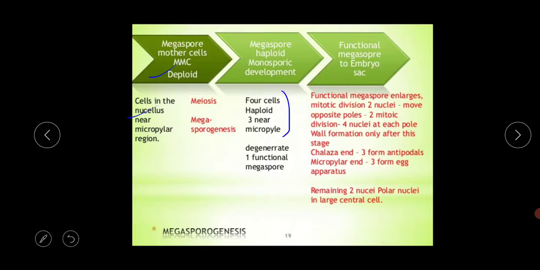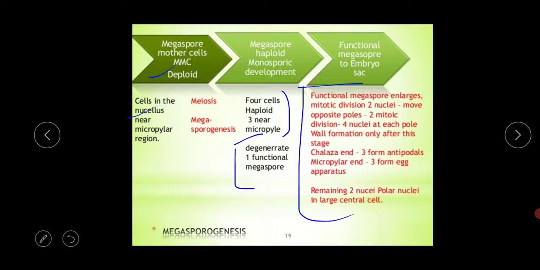This is the 4 haploid cells, and 1 functional megaspore with the others degenerating. So after the megasporogenesis we are getting 1 functional megaspore and 3 non-functional megaspores. This is the overview: the functional megaspore enlarges. After the meiotic division, 2 nuclei move to opposite poles, and then again mitotic division happens, giving 4 nuclei at each pole, and wall formation is there.